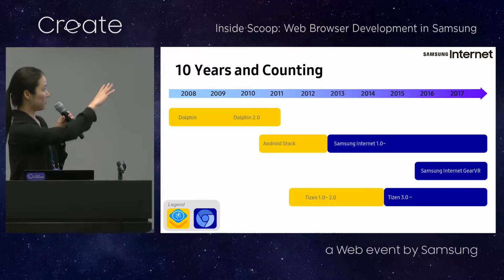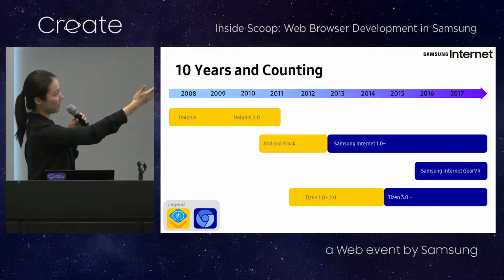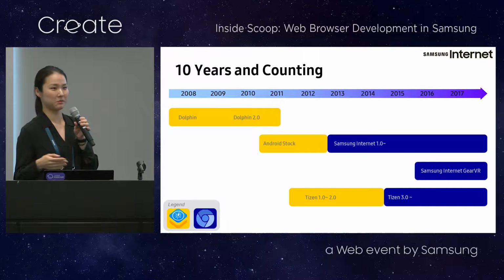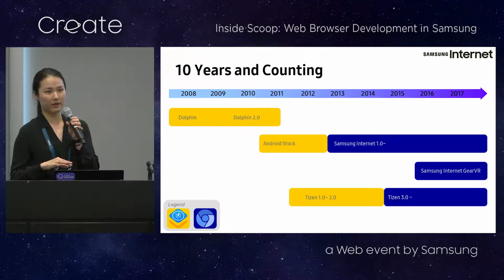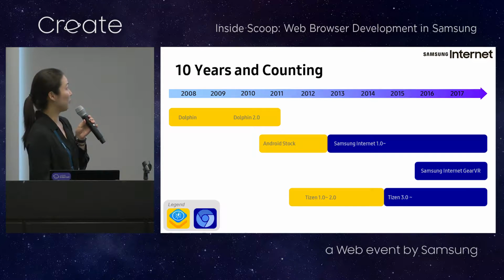So after Samsung Internet started to use Chromium, Tizen used Chromium. Our later browser, Samsung Internet Gear VR, also used Chromium. Now all our browsers in Samsung are aligned to use Chromium as their web browser engine.